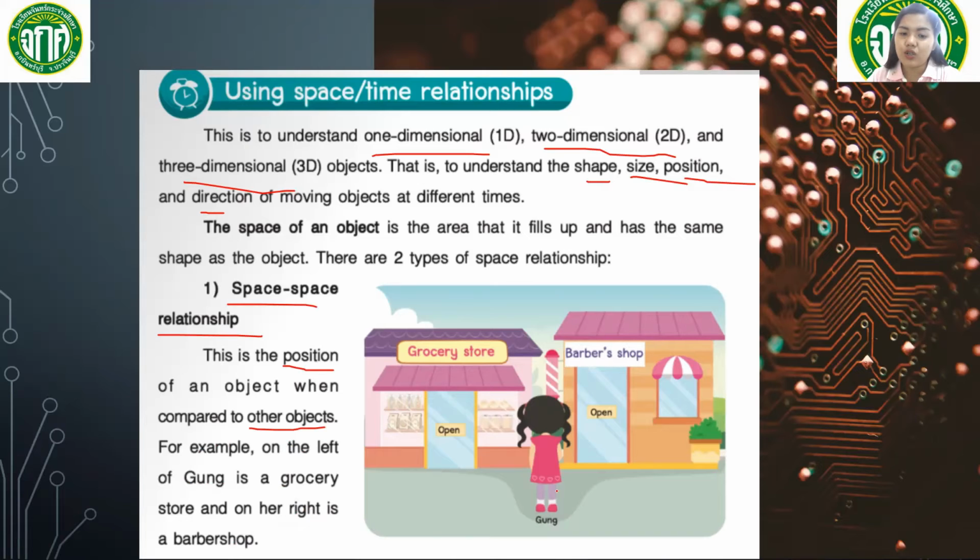So this is Gung. On her left side is the grocery store. On her right side is the barber shop. Okay, so we compared the position of the two objects. So what are the two objects here? It's the grocery store and the barber shop, right? Okay, so that is how you are going to check the space-to-space relationship.